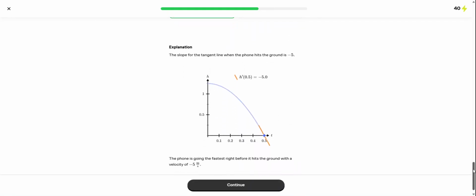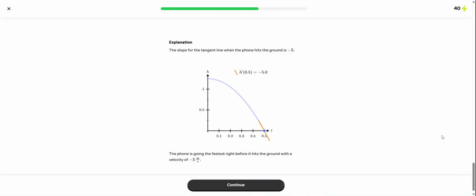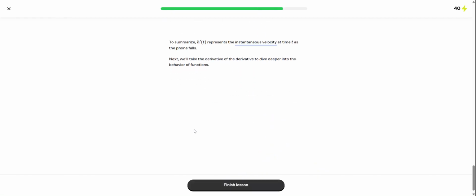So here's the explanation. The slope of the tangent line when the phone hits the ground is minus 5. Therefore, the phone is going the fastest right before it hits the ground, with a velocity of minus 5 meters per second, as you just discovered. Continue. To summarize, h's first derivative at t represents the instantaneous velocity at time t as the phone falls. Click here to find the definition.